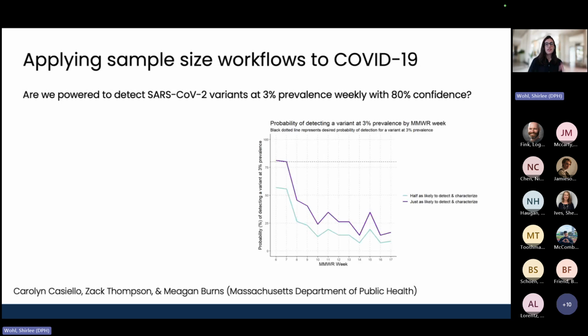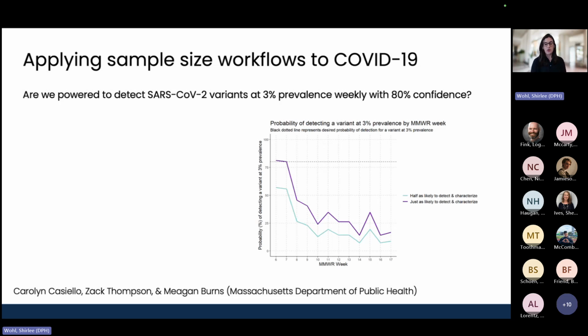And using those bias calculations that I talked about upstream, like asymptomatic rate, things like that, we were able to basically make two different estimates where we said, okay, in the worst case scenario where we have this blue variant overrepresentation that we saw on the other slide, this is how many samples we need. But in the best case scenario where we don't have that kind of bias, this is how many samples we would need.